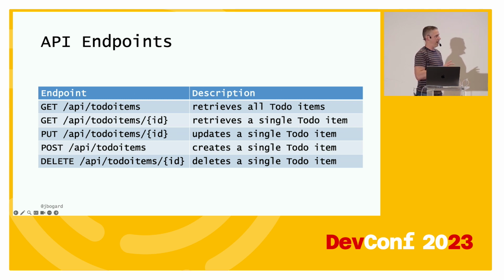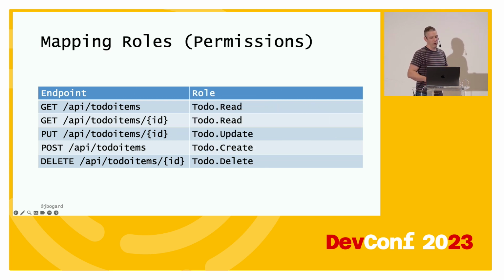Why don't we create a permission for each one of those, where I have a permission or a role that says I can read it, I can update it, I can create it, and I can delete it. This may be too fine-grained for your permissions. So this becomes a business discussion of what are the kinds of operations being performed in my application, and how should I design the permissions and authorizations to be able to turn certain things on and off.